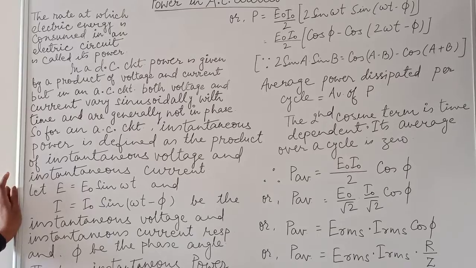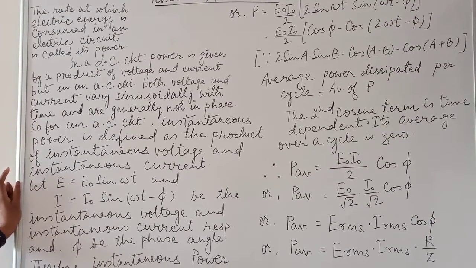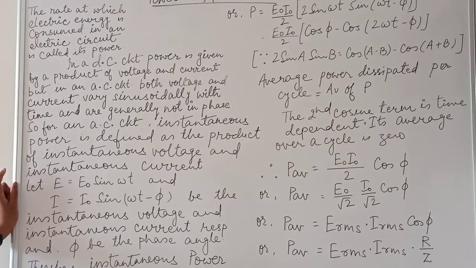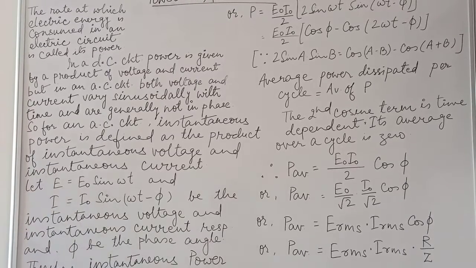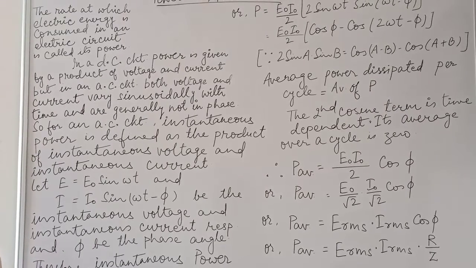So, for an AC circuit, instantaneous power is defined as the product of instantaneous voltage and instantaneous current.